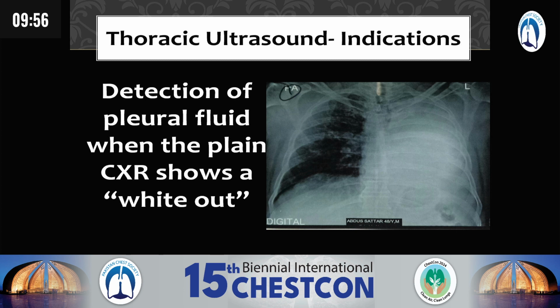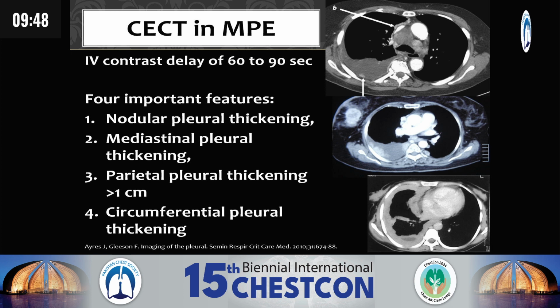Now, this was a patient who had a minimal pleural effusion, but it was a collapsed lung due to an endobronchial tumor. There are a few important contrast-enhanced CT scan findings which can help to detect the presence of malignant pleural nodules. And it is important that the radiographer should know that there should be a delay of 60 to 90 seconds before you highlight the pleura.